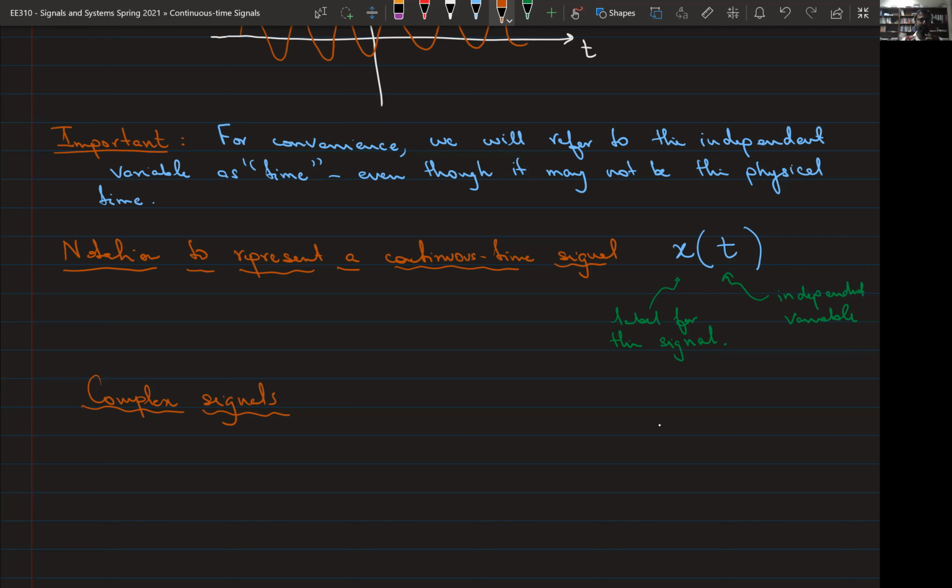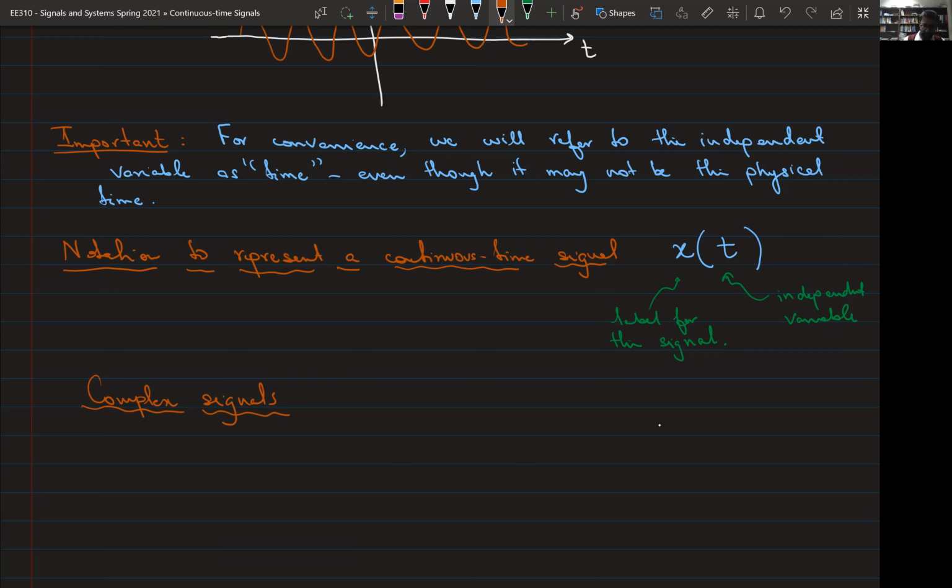We said complex numbers are needed because there are many engineering applications where you would need to jump from the country of real numbers to the country of complex numbers, to ease your analysis and solve your problems. Just like that, in the real world you have real signals, but to solve engineering problems, you define something called complex signals as well. If you've grasped the idea of complex numbers, then the idea of complex signals is not a whole lot different. It's just a simple extension of the ideas of complex numbers to complex signals.